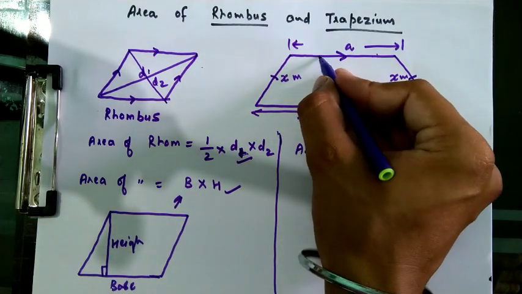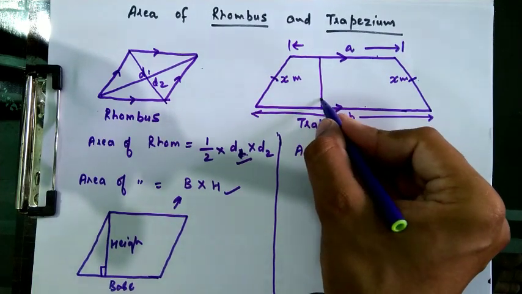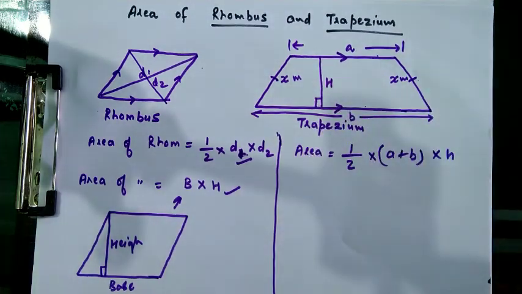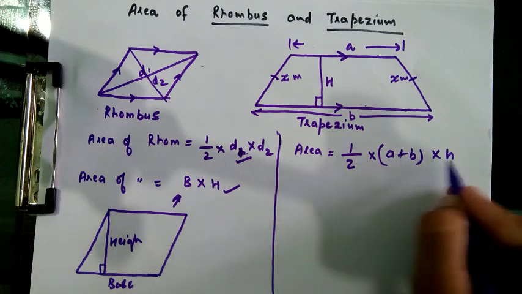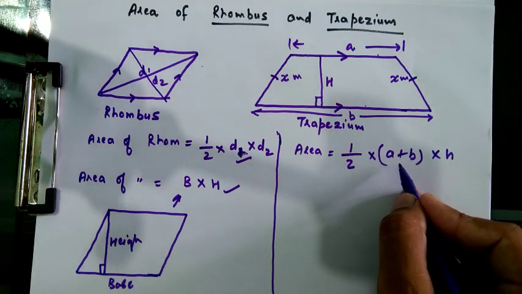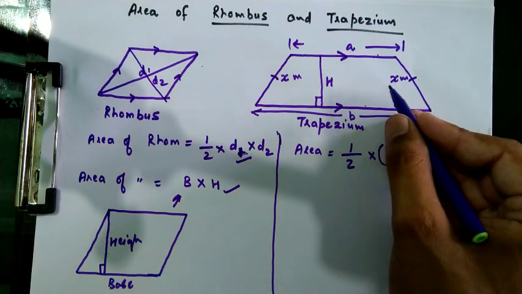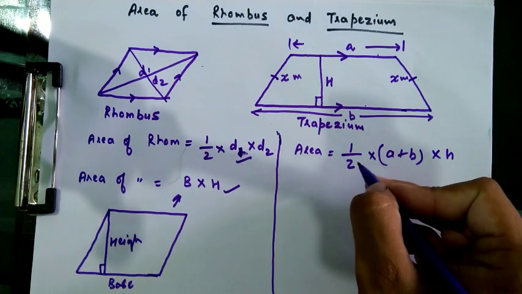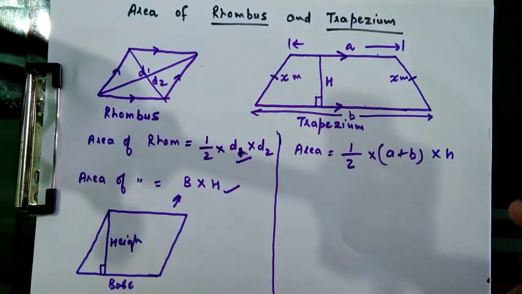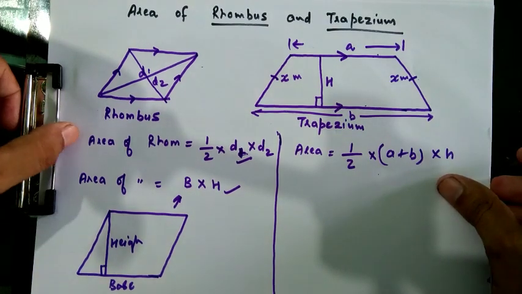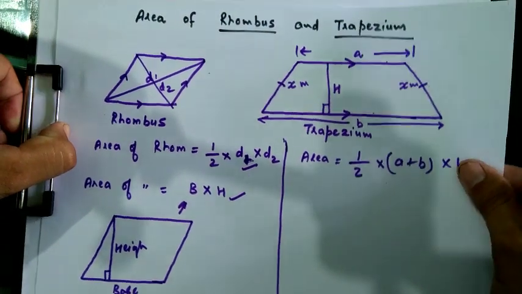And this is its corresponding height. So this is the formula. When we implement this formula in the case of area of trapezium, then you will know about the concept of this. Now we will discuss some simple questions.